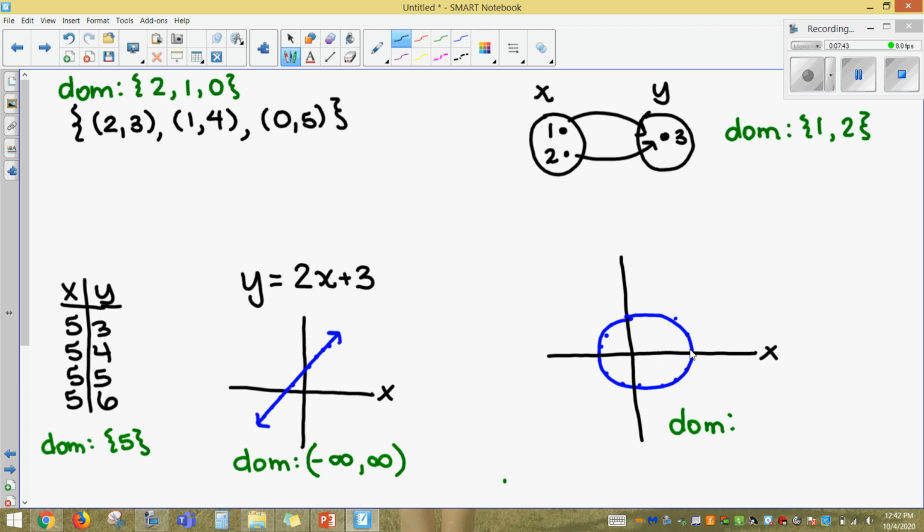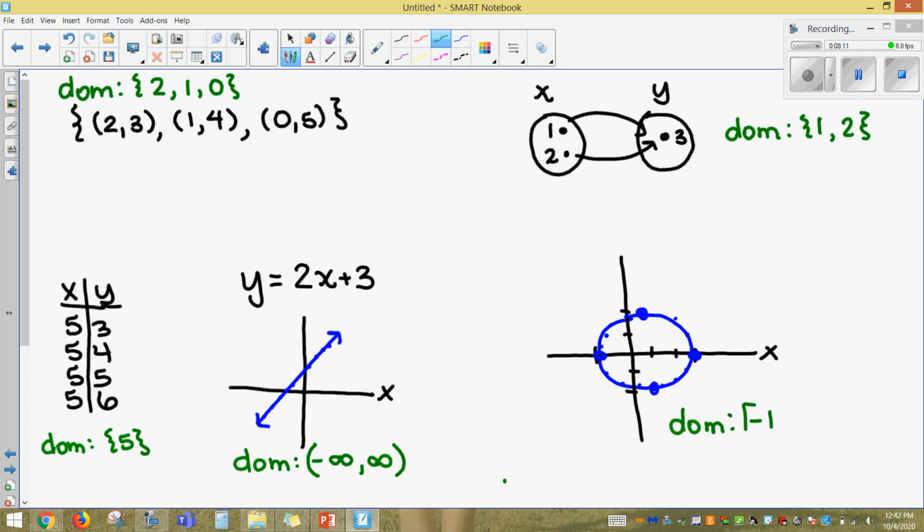If we come over to the circle, my scale here isn't super good, but I'm going to try to put my lines in where I meant for them to be. If we follow our graph to the left as far as it goes, notice this one does not continue to negative infinity, but its farthest left point is negative 1.